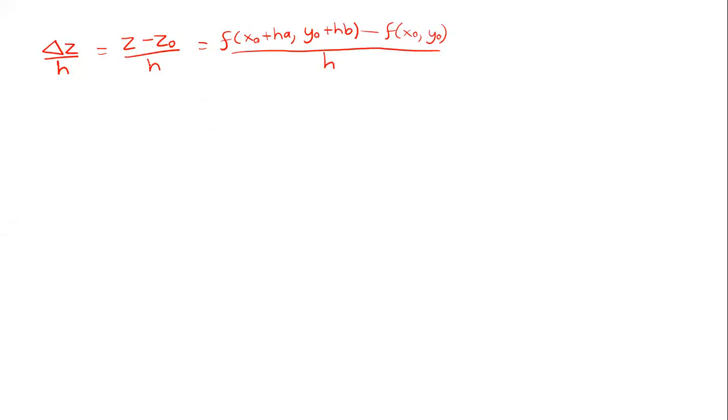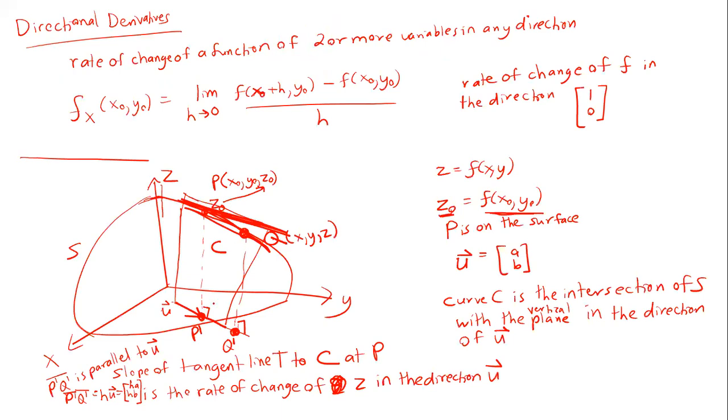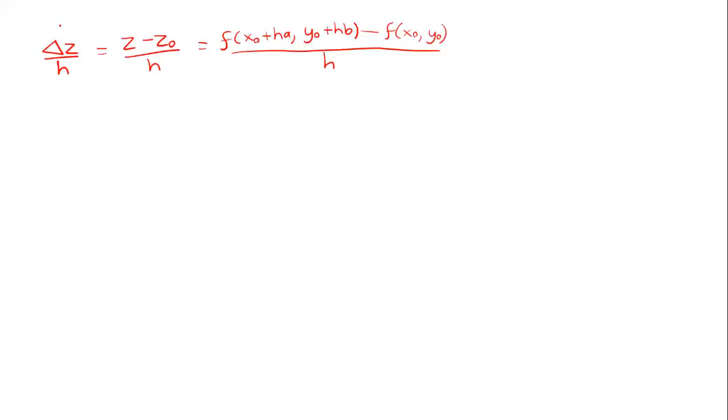And then we can say, okay, well, as I go some distance in that direction along the unit vector, what is the limit as the length of that vector, or the distance between P prime and Q prime, goes to 0?